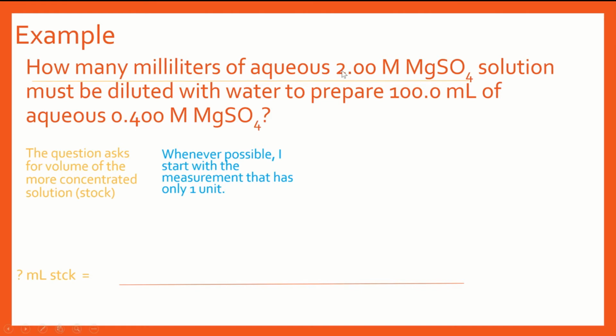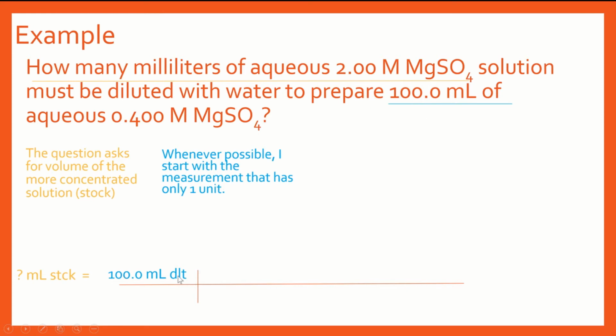So we look up here, we see 2 molar. Keep in mind, molar should be moles over liters. That's 2 units. And we have 0.4 molar. Again, that should be moles over liters. That's 2 different units. If I can help it, I try not to start with a double unit. Here, 100 milliliters is a number that only has 1 unit. I'm going to start with that.